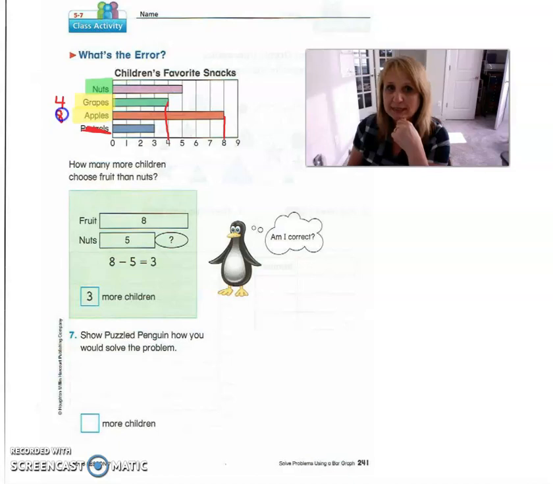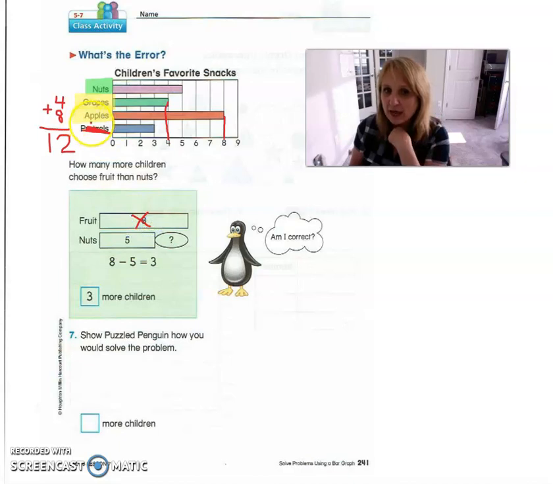So we need to add these two together, right? 8 plus 4 more. How much is that? 8, 9, 10, 11, 12. Okay, so how many children chose fruit? 12. What did Puzzle Penguin write down? 8.